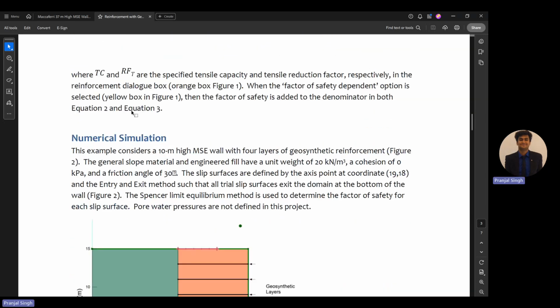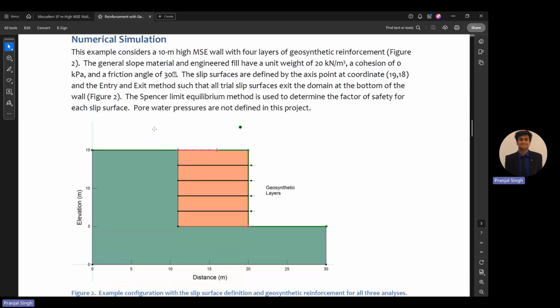Now, suppose this is our geometry, a very simple geometry. You have four geosynthetic layers. The value is given. It's a friction angle of 30 degrees, which appears to be a strong soil.